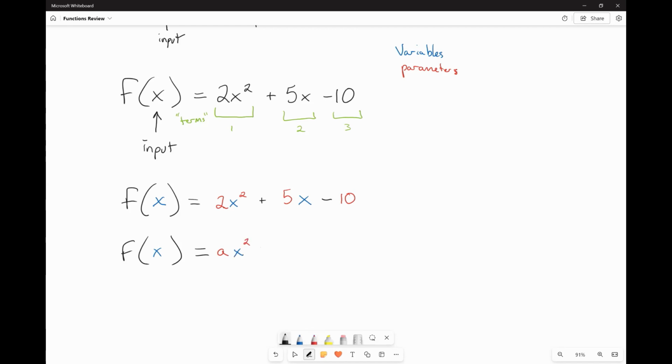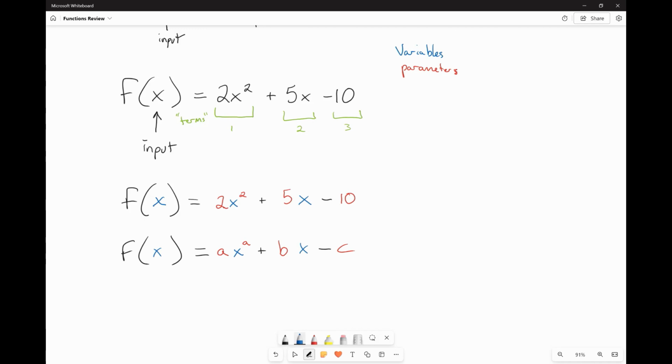Let's say B, into my color combination here. So we could have this. This would be a function where the x is the variable, it is varying, it is changing, and the parameters are all these other letters, and they're not changing. So we'll call those the parameters of the function.